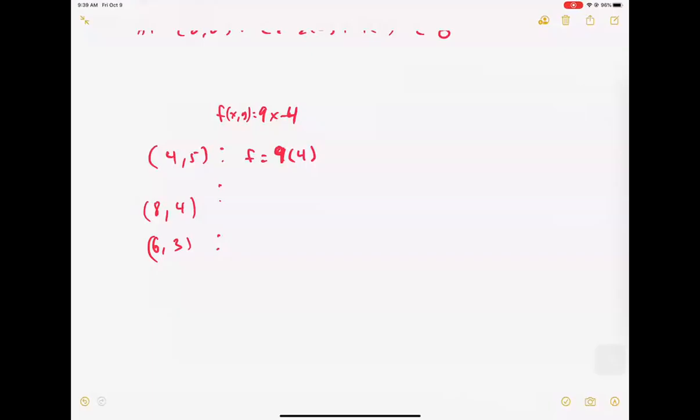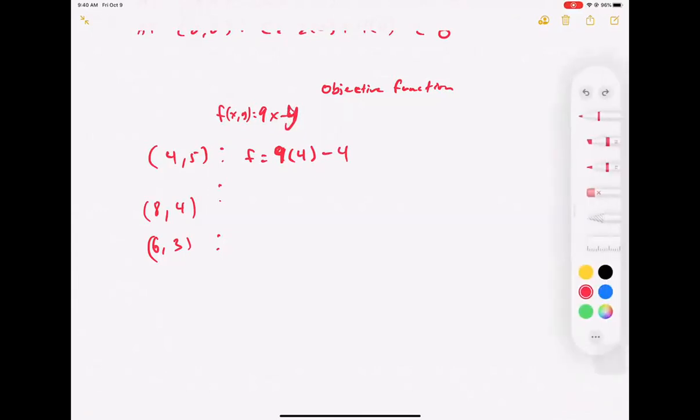So I went ahead and wrote down the objective function. And then we're going to check our vertex points. I saw 4, 5. And then we said 8, 4, and 6, 3. So we're going to plug it in, minus 4. Oh, that's a y, I'm sorry. So minus 5. F would be 8 times, what am I doing? 9 times 8 minus 4.